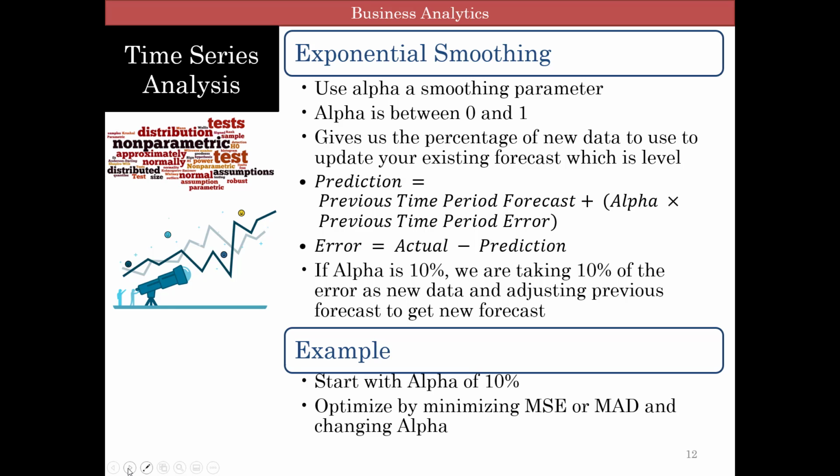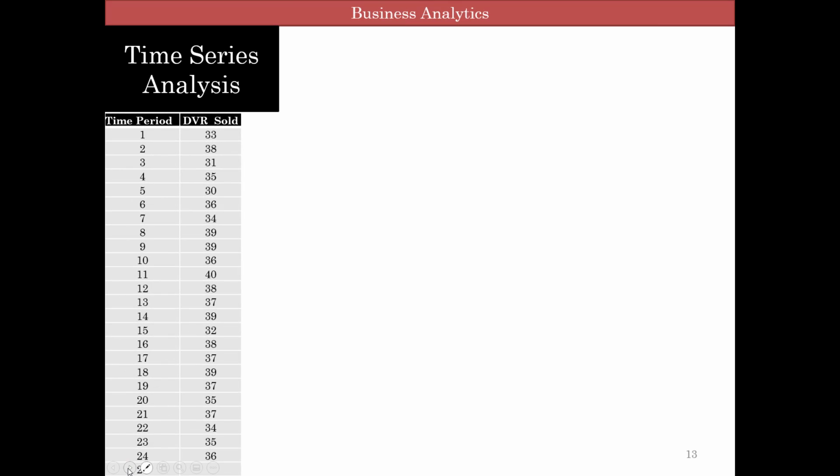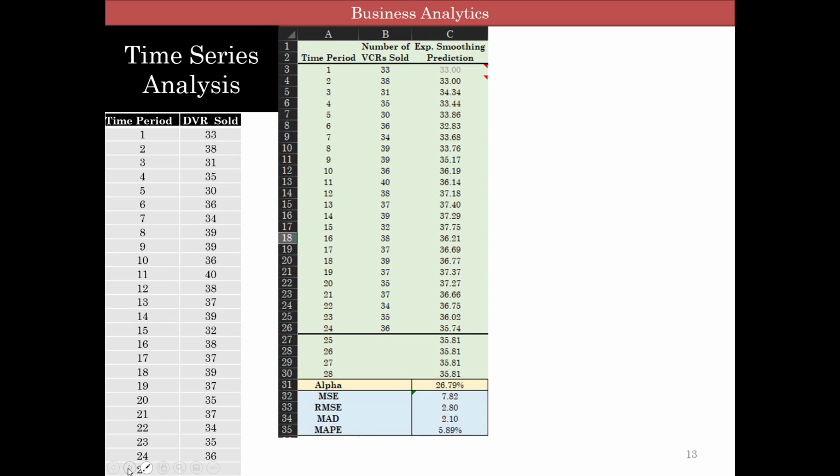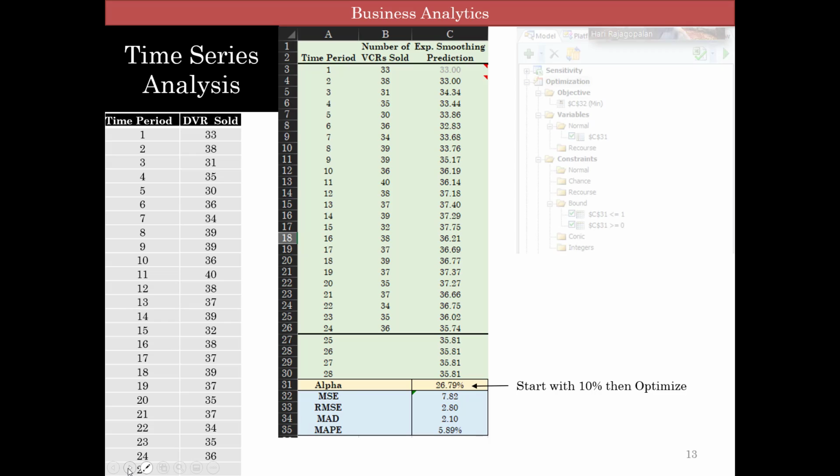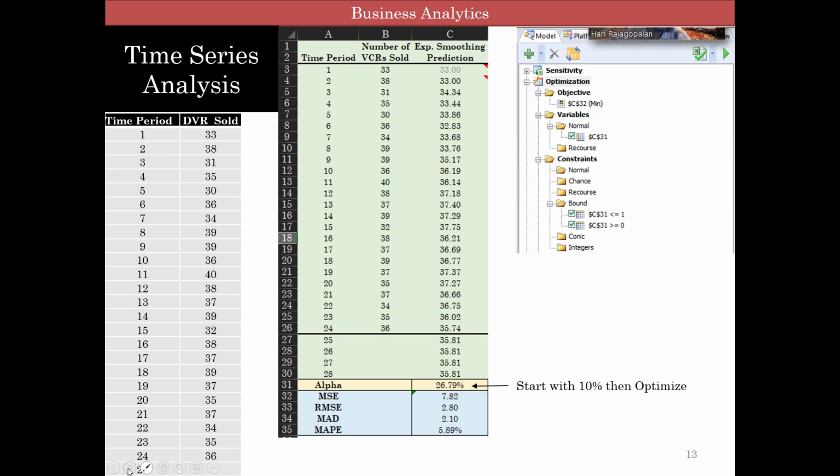So let's take an example. Same example. We start with alpha of 10%, and then we try to find the best alpha by minimizing our error. So same example, here's the data, and we'll start with 10% and then optimize. Again, we are going to use the solver, and you can see we minimize MSE or MAD.